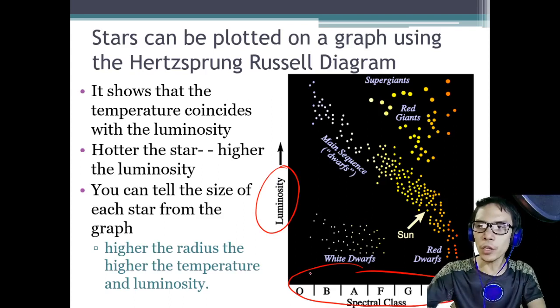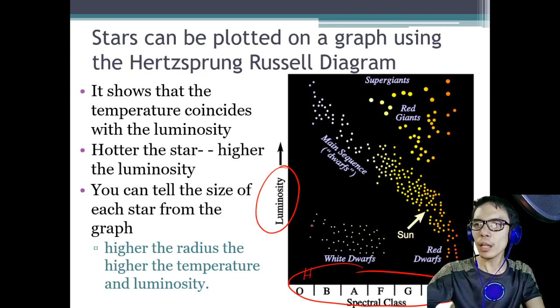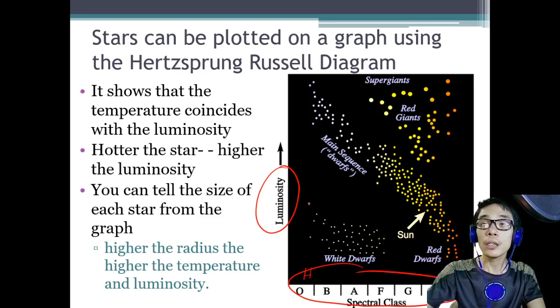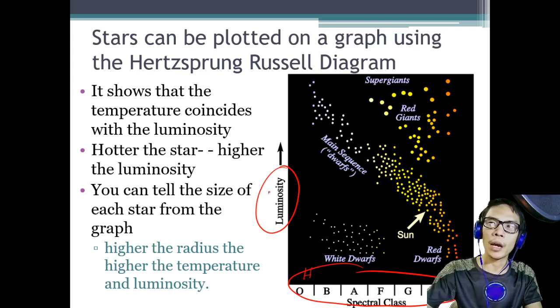As we all know, O is the hottest and M is the coolest color of the star. So it tells us that luminosity is somehow directly proportional to color. The brighter the star, the hotter it is.